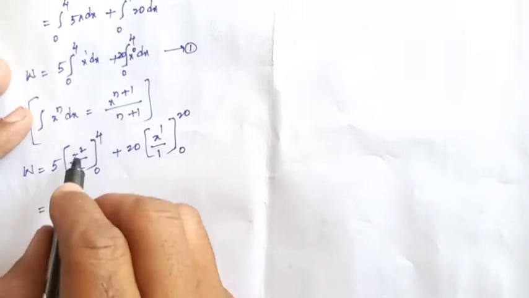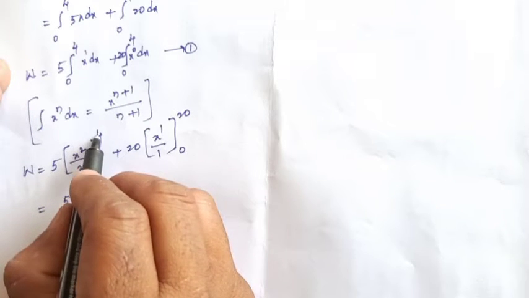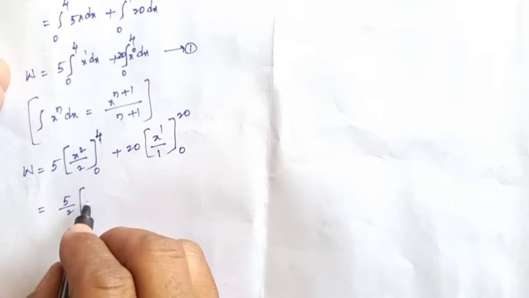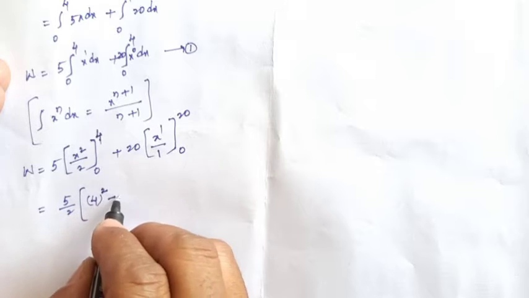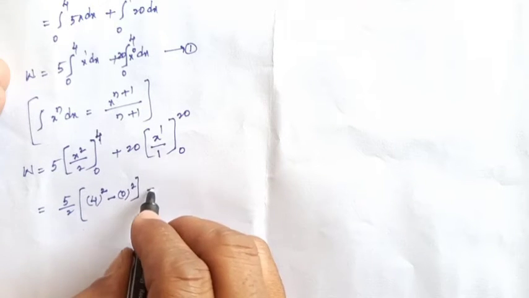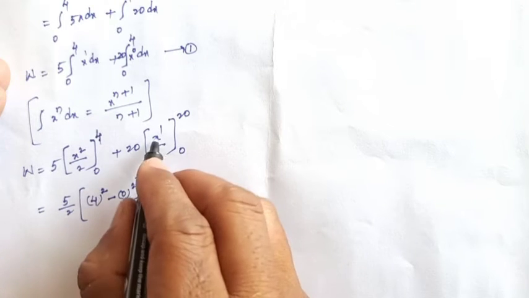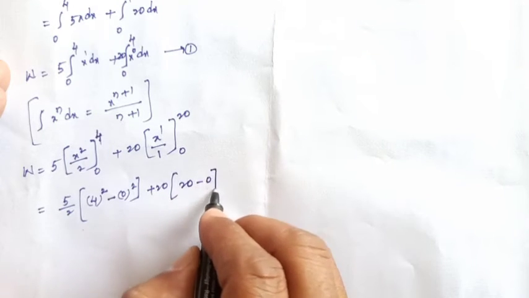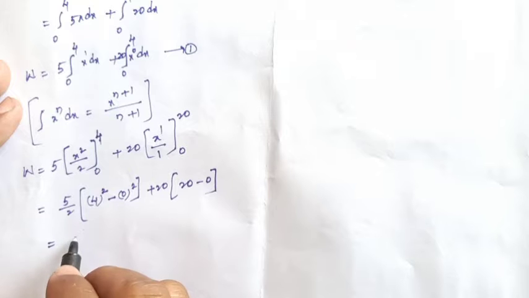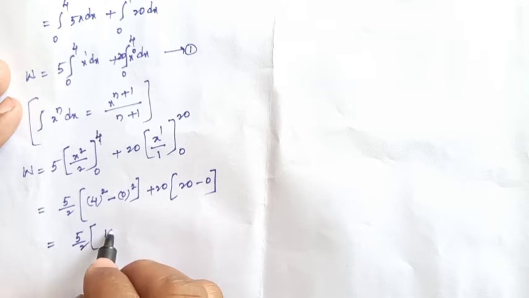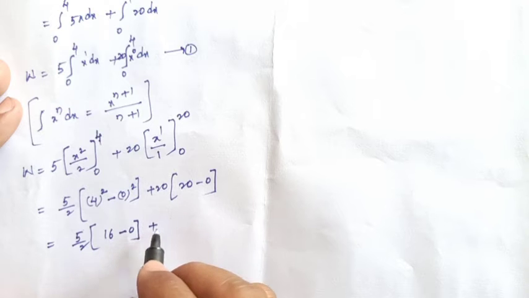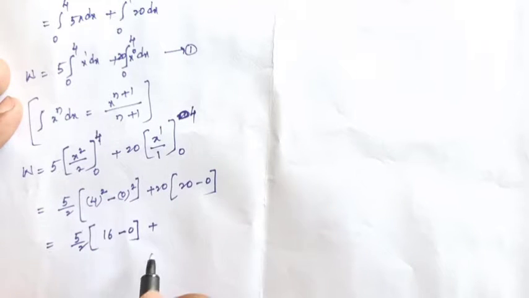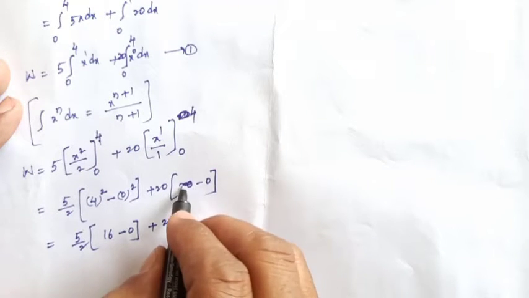First we apply the upper limit: 4 square minus 0 square, plus 20 times x, 4 minus 0. That equals 5 by 2 times 16 minus 0, plus 20 times 4.